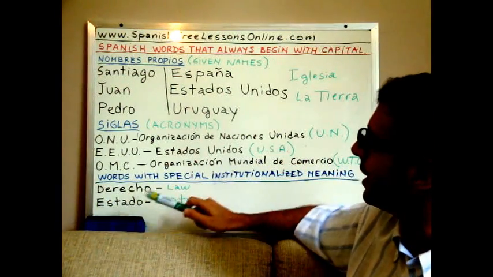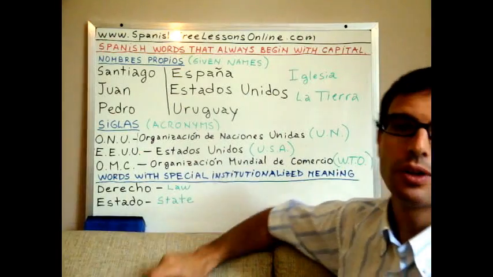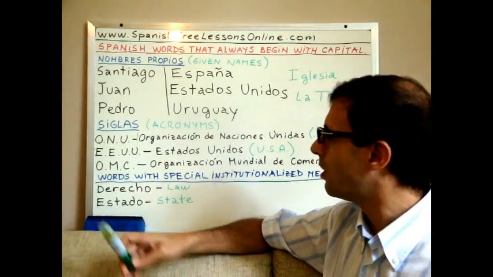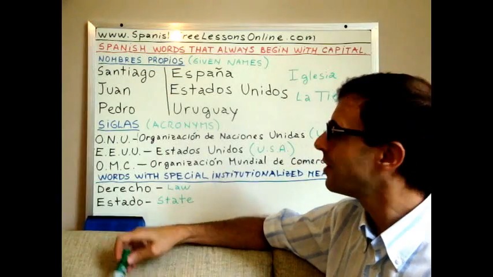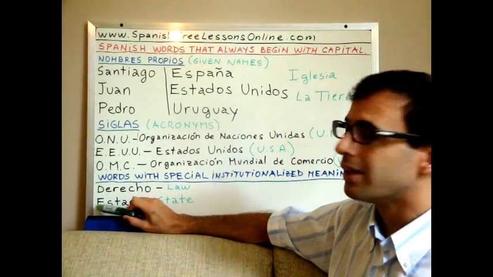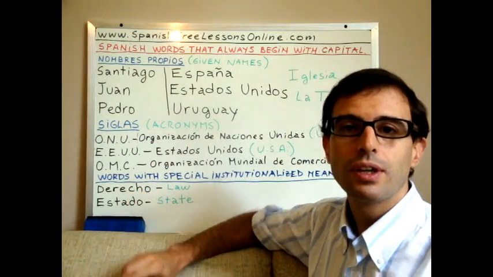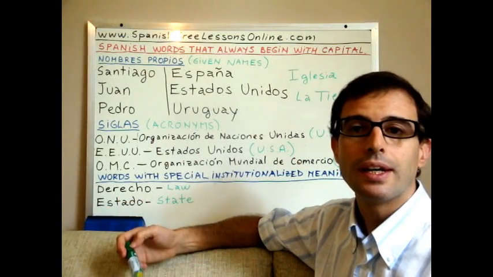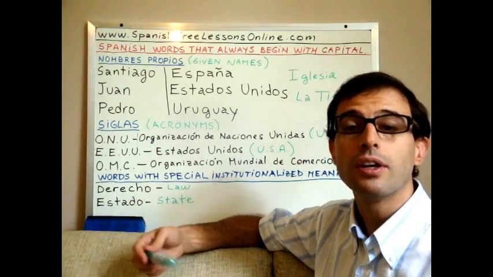Right? Estado, state, the state, right? When you refer to the state, yes? El Estado, Estado always begins with a capital E, right? We're talking about a national state, a country, right?